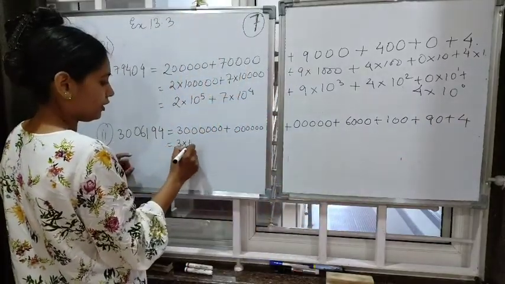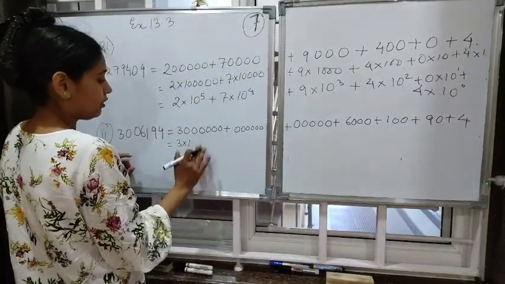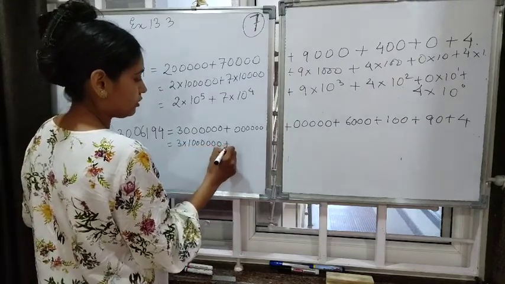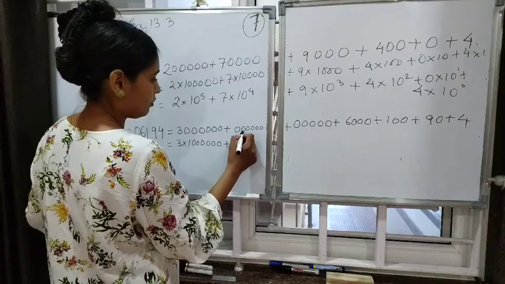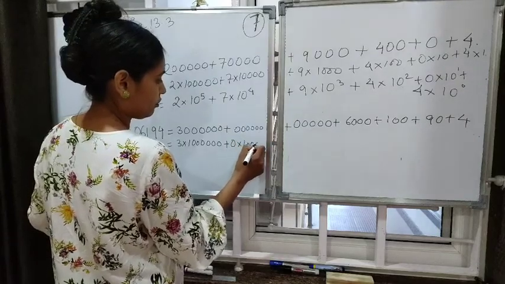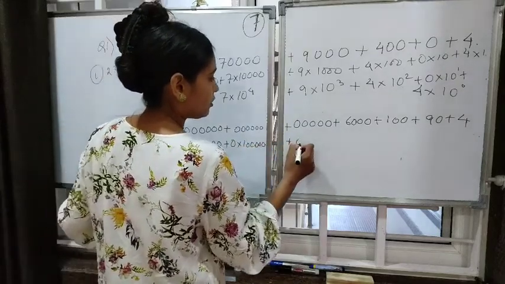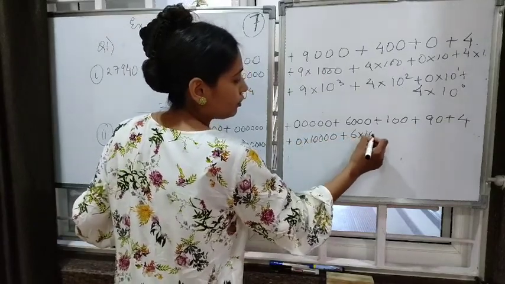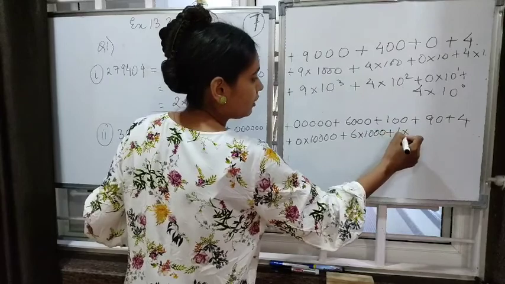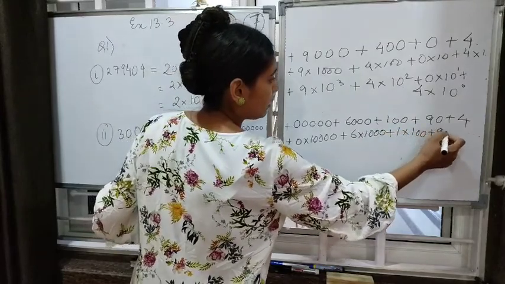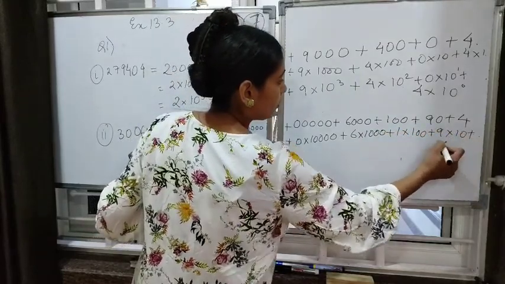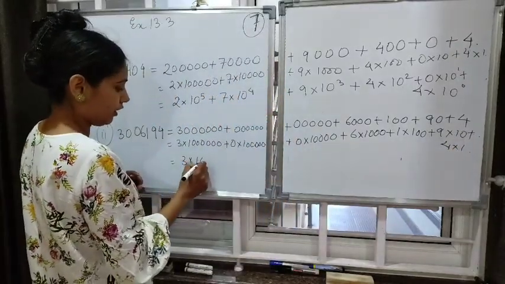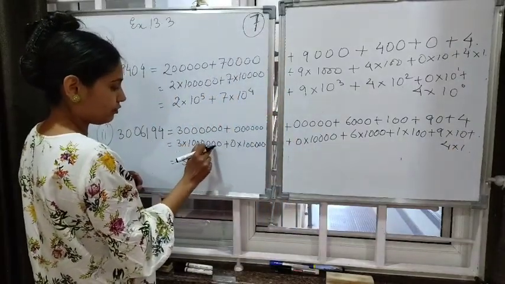Now 3 into 10 raised to, 3 into 1, 2, 3, 6. 0 into 1, 2, 3, 4. 6 into 1000. 1 into 100. 9 into 10. 4 into 1. 3, 10 raised to 1, 2, 3, 4, 5, 6.